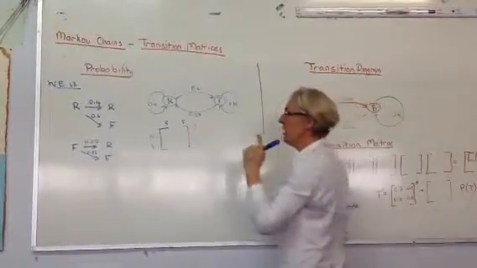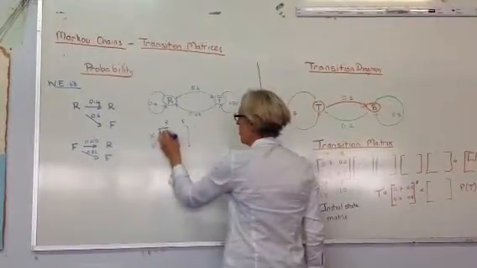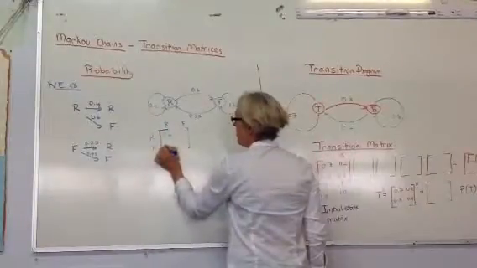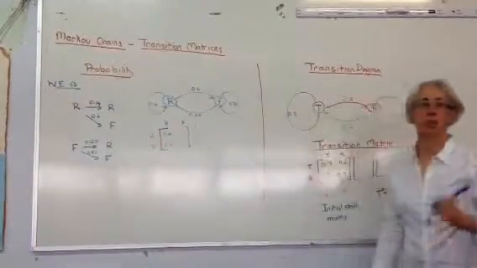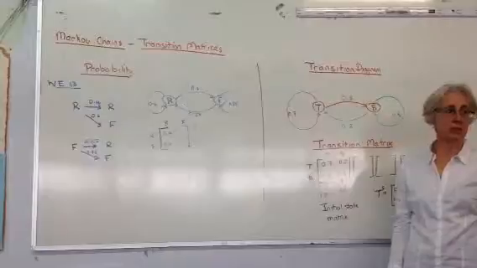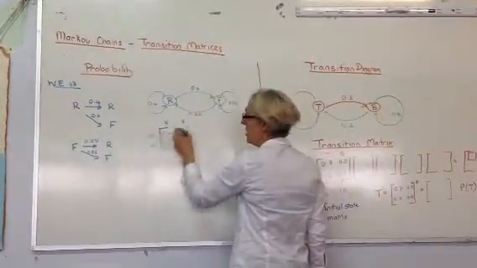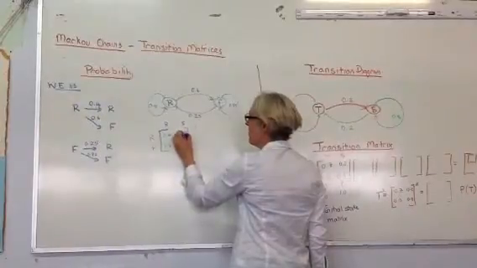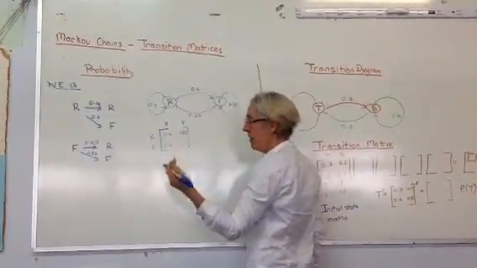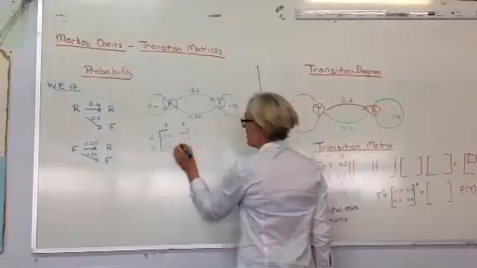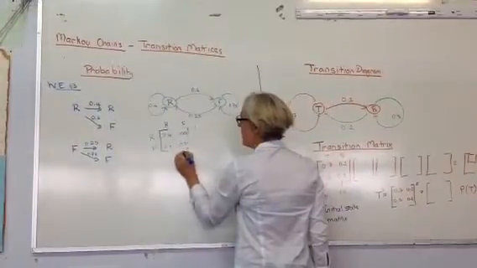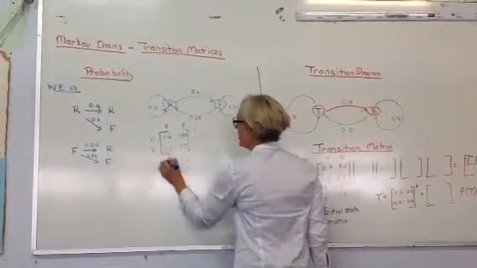If it rains today, the chance of it raining tomorrow is 0.4, the chance of it being fine tomorrow is 0.6. Notice that our column again adds up to 1. If it's fine today, the chance of it raining tomorrow is 0.25, and the chance of it being fine is 0.75. So again, these add up to 1, these add up to 1.